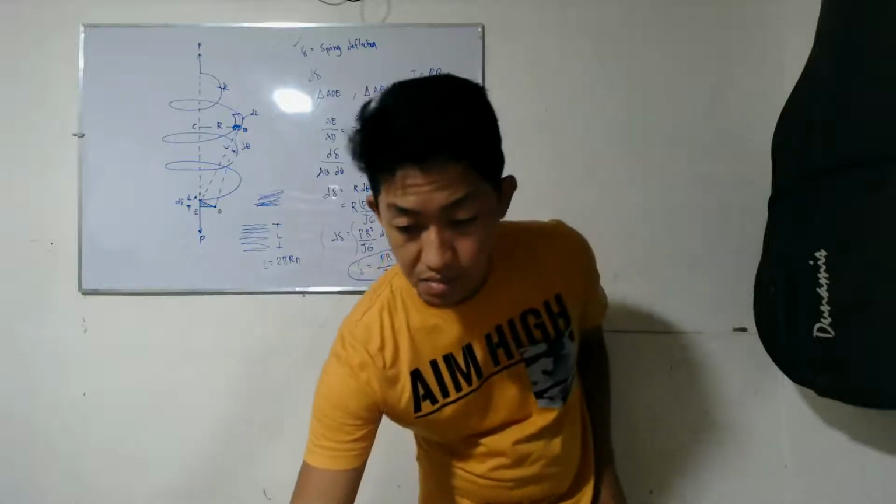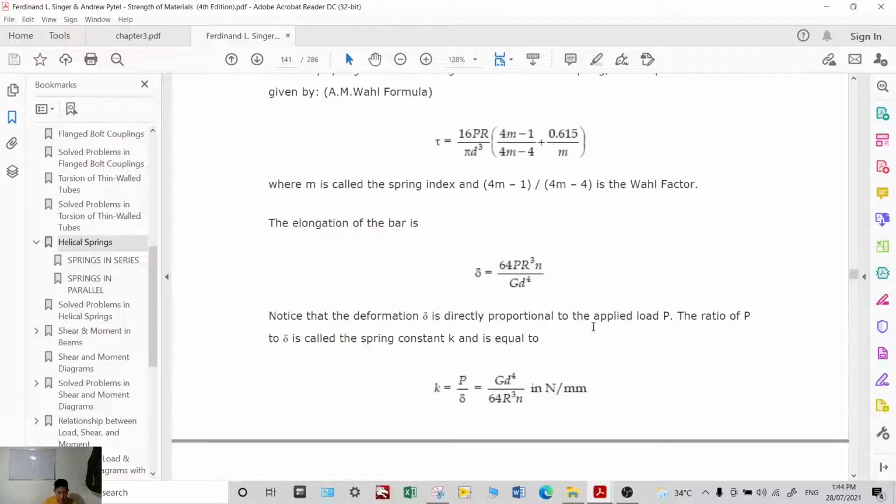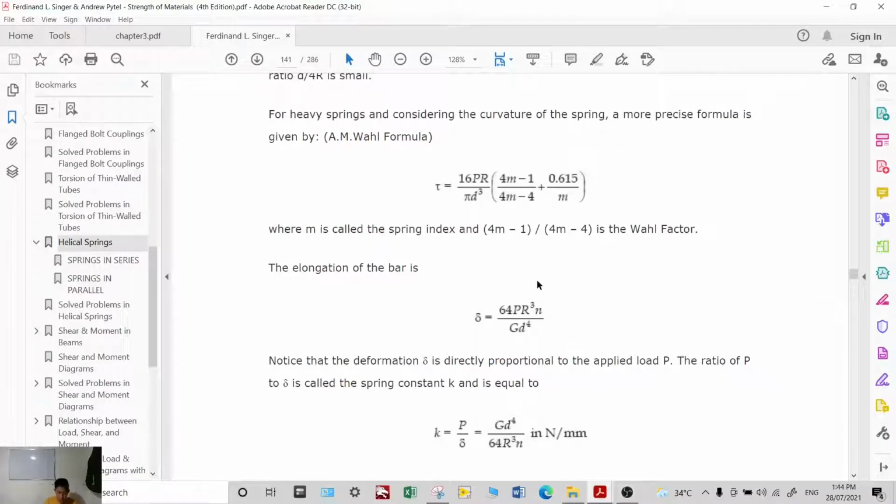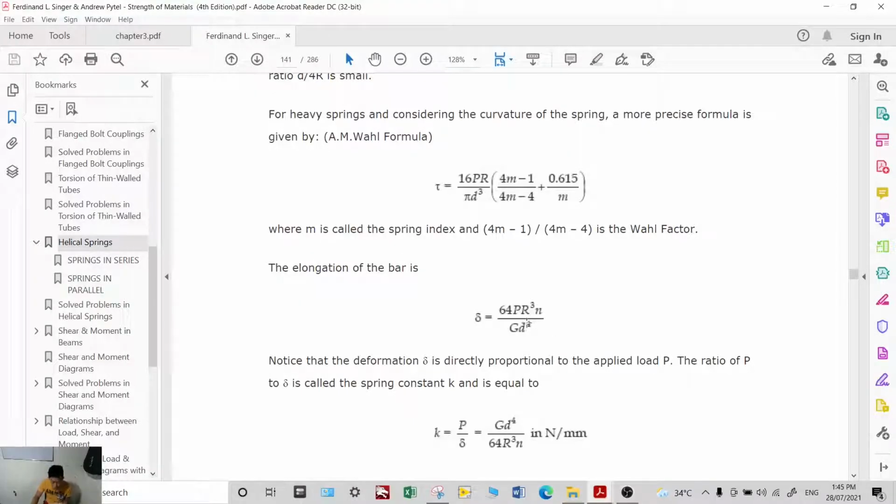Anyway, let's have an example. We already derived that the elongation of the spring is given by this equation, 64PR cubed N over Gd to the 4th.